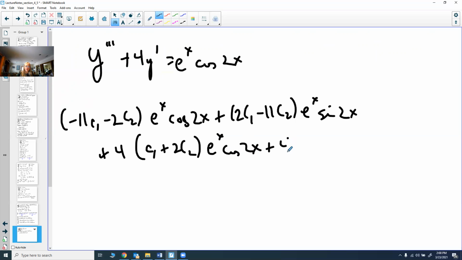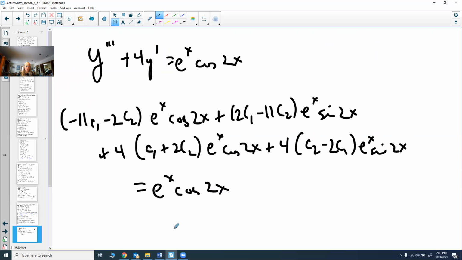And I'm going to go ahead and just distribute that 4 through. So plus 4c2 minus 2c1 e to the x sine of 2x. And that should equal e to the x cosine of 2x.